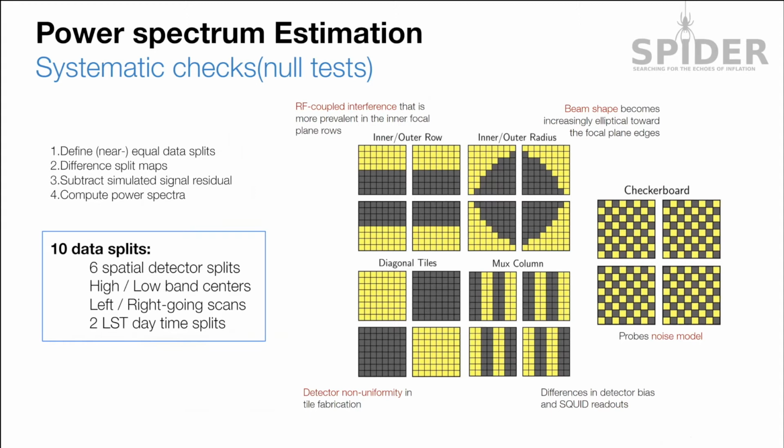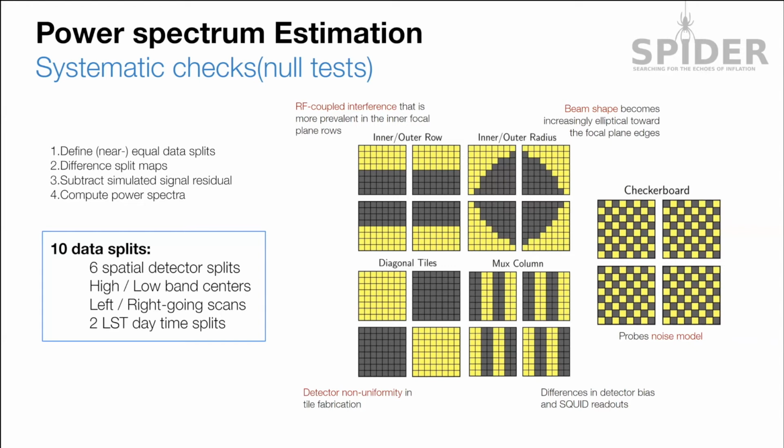Null tests check for systematic noise residuals in the difference between pairs of maps and could be constructed in different splits of data by time or by detector set or other systematics that you care about. And we have done 10 different null tests for SPIDER. Some are based on channel locations within a focal plane and others on time, for example, scan strategy and LST days.